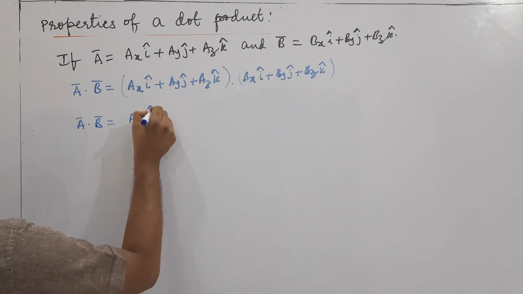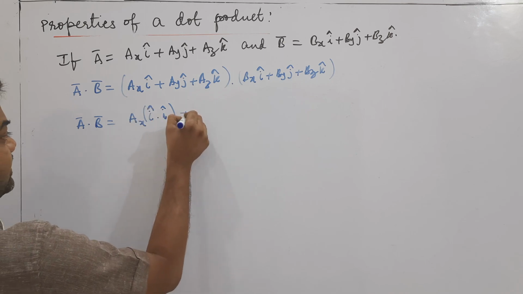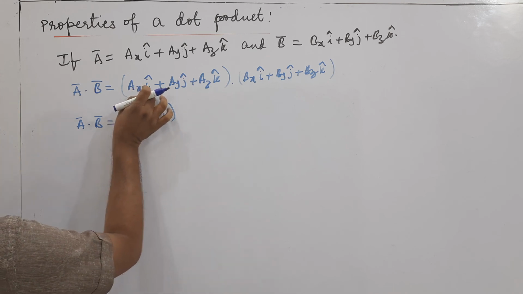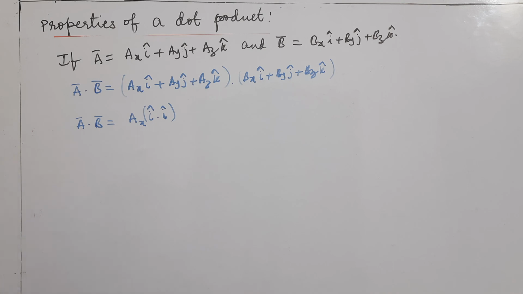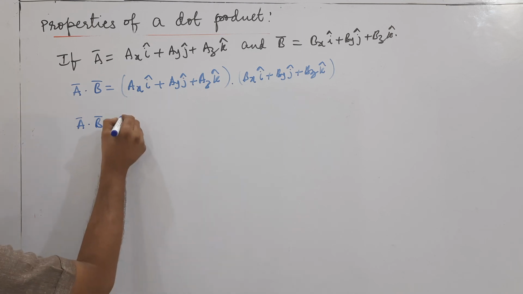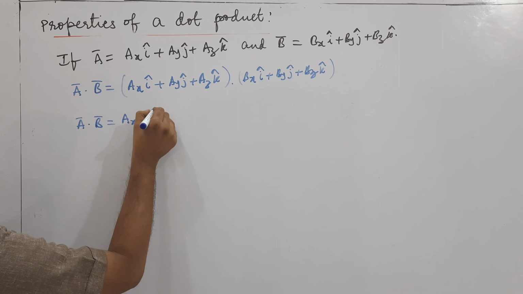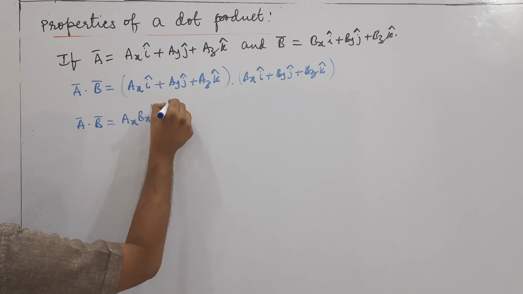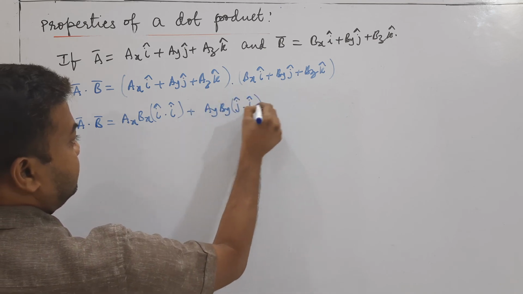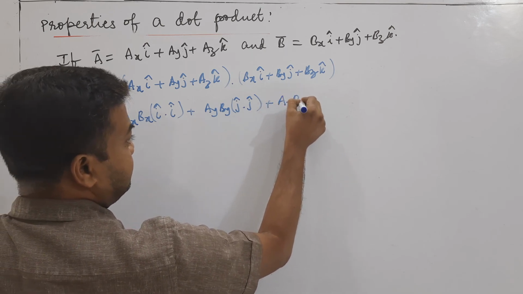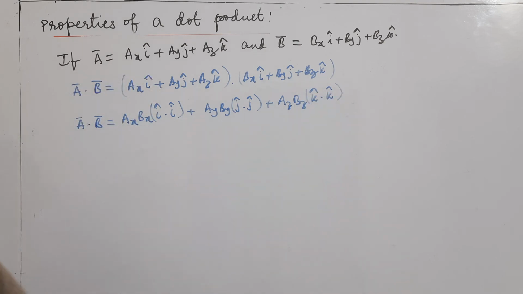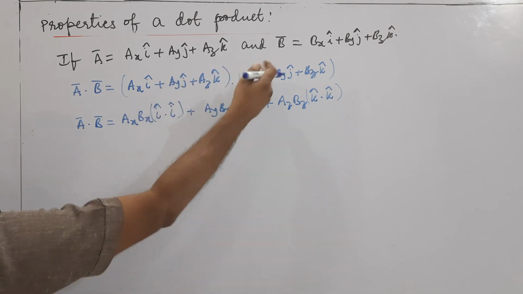That's why we can write ax bx i cap dot i cap plus ay by j cap dot j cap plus az bz k cap dot k cap, like this. Remaining all terms are 0.